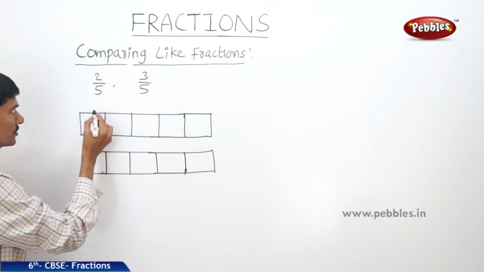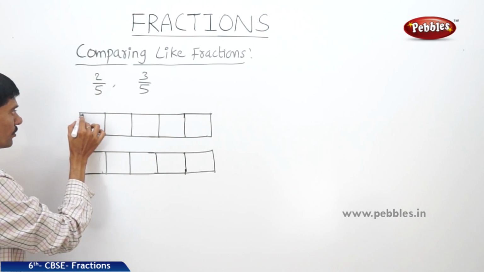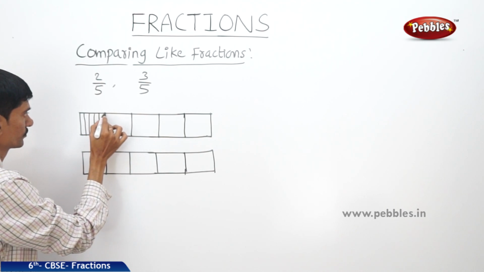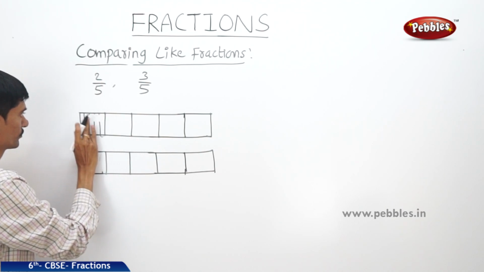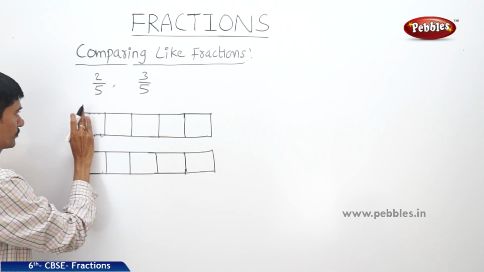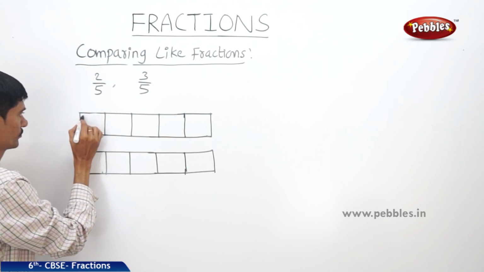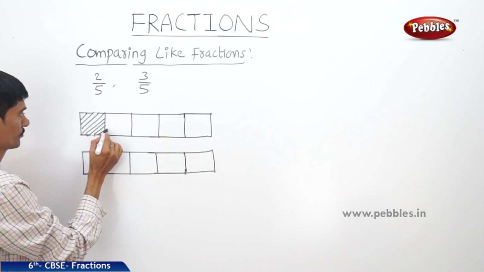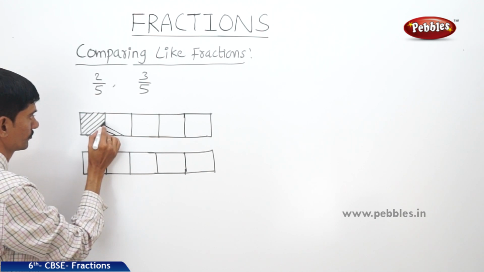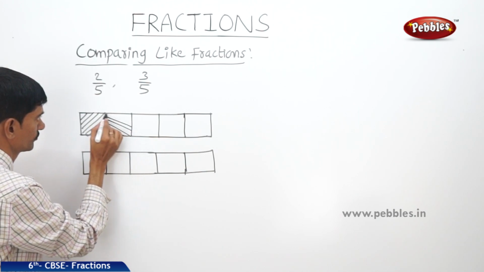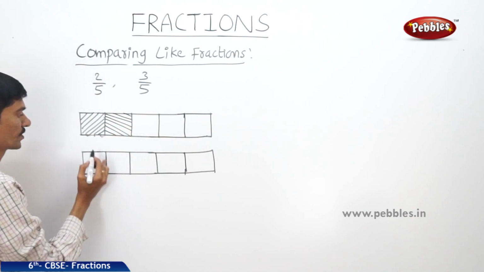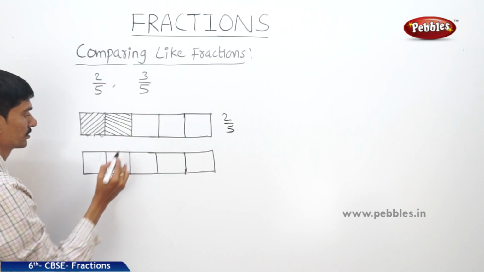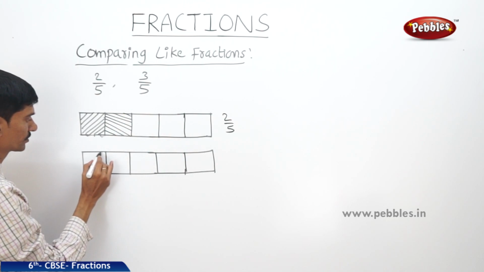Now in the first case, 2 parts are shaded out of 5 equal parts. So this is 2 out of 5, and in the second case 3 parts are shaded out of 5 equal parts.